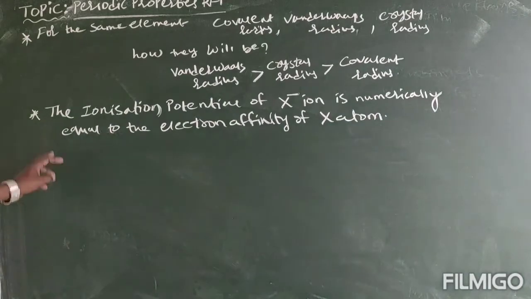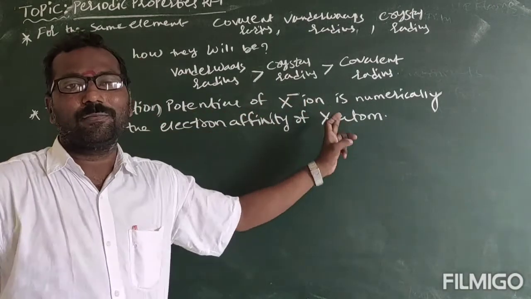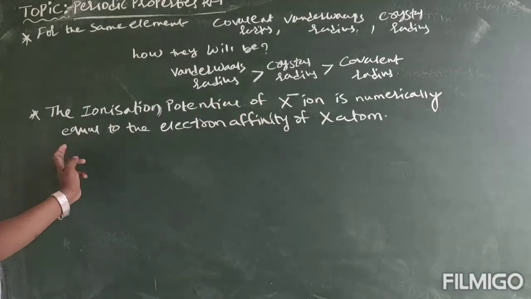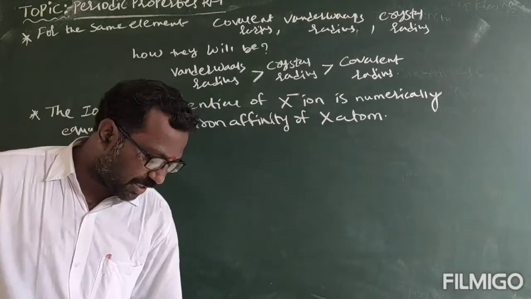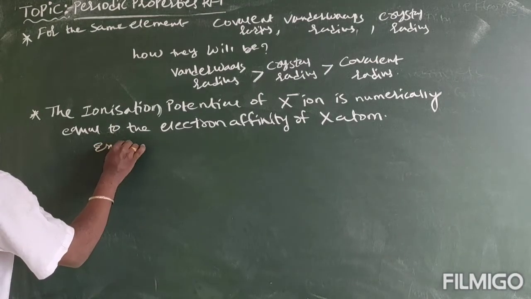See, the ionization potential of an ion of that particular element is numerically equal to the electron affinity of that X atom. How? You can see the explanation.